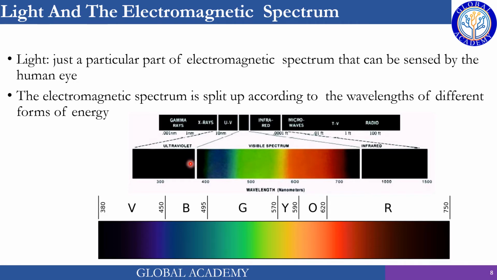Below 380 is the ultraviolet, and greater than 750 is the infrared range. Violet color starts from 380 to 450, similarly blue, then green, then yellow, orange and red. So all these different colors are in fact different wavelengths of light.